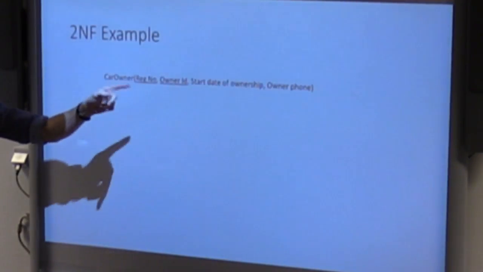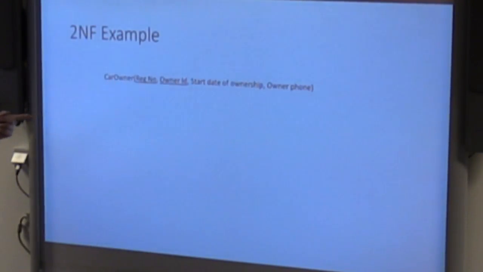So the start date of the ownership, is that functionally dependent on the entire key? Well, I've taken this table out of context, so some of you might say no. But as for my part, it is so. It is functionally dependent on the entire key.